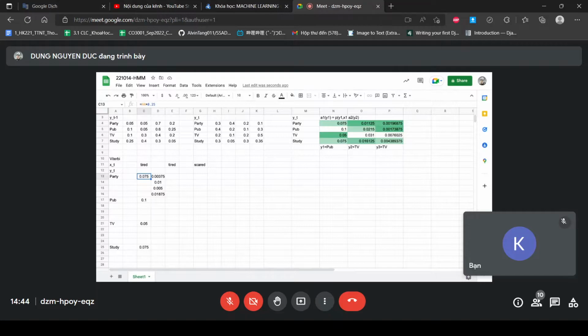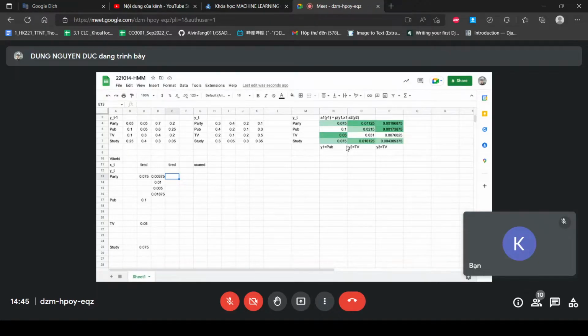The joint probability from x1 y1 multiplied with the transition from y1 to y2 multiplied with the emission probability, the P of x2 given y2, right?